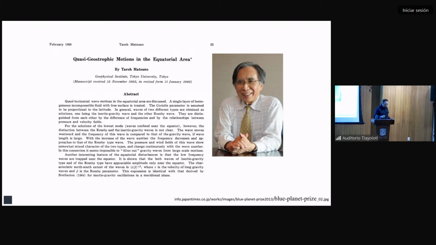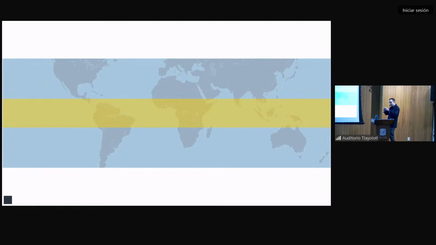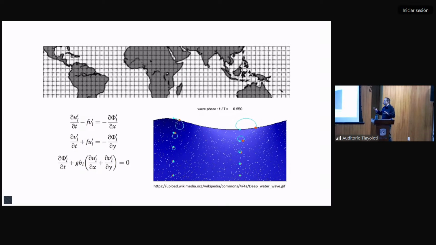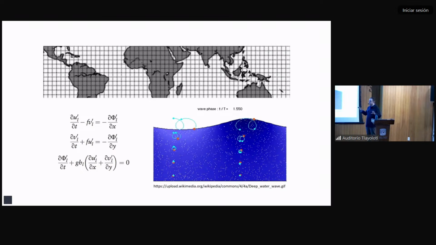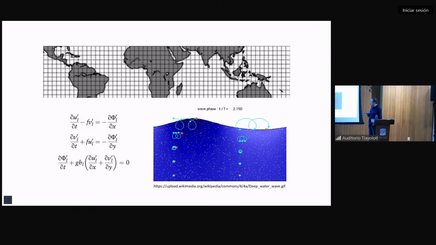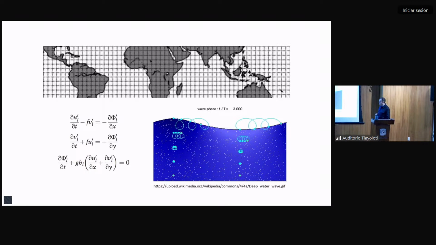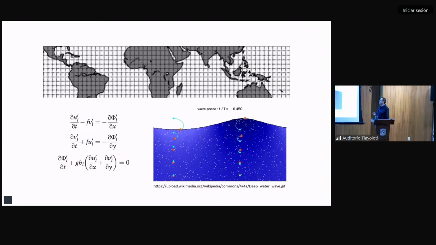In his paper in 1966, he studied the tropics, and he took the equatorial band. He placed a beta plane, so he used the tropics like a plane, and he simplified the equations of motion by doing some simplifications.